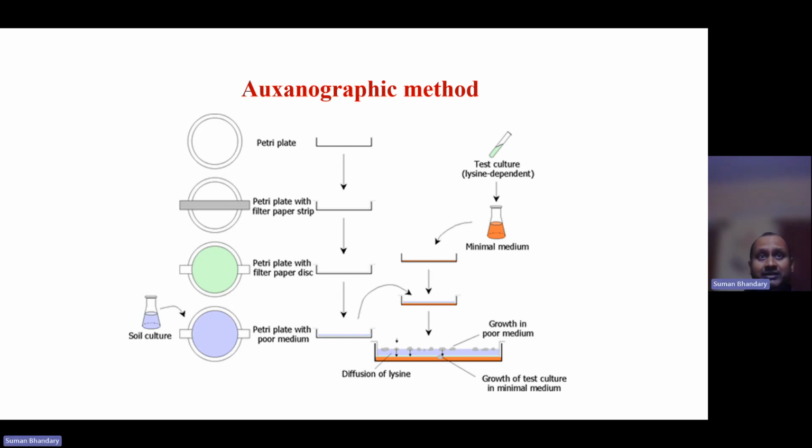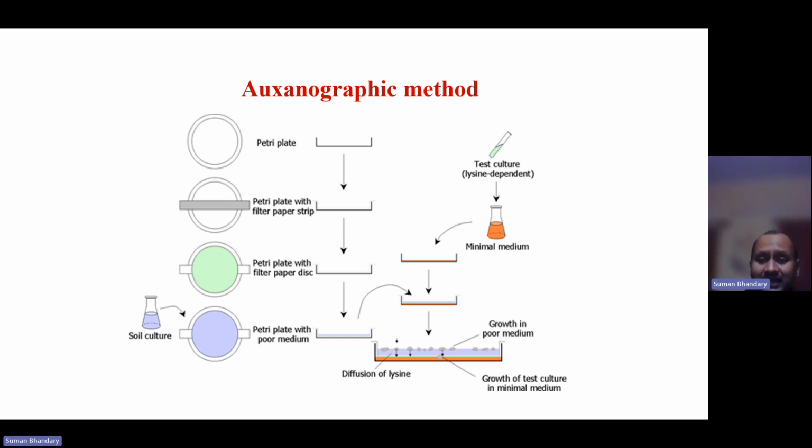These colonies are growing now because the soil culture consists of several colonies, and certain colonies which are adjacent to the growing colonies can produce lysine.